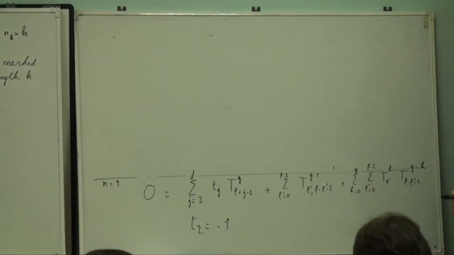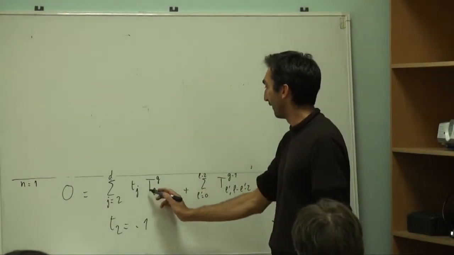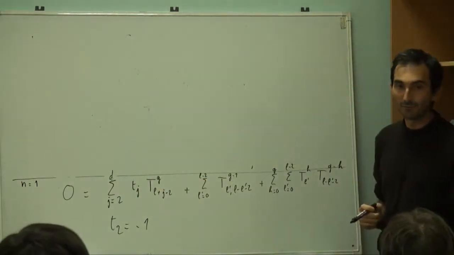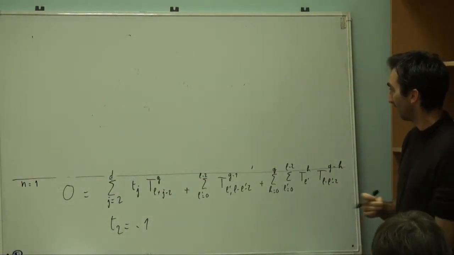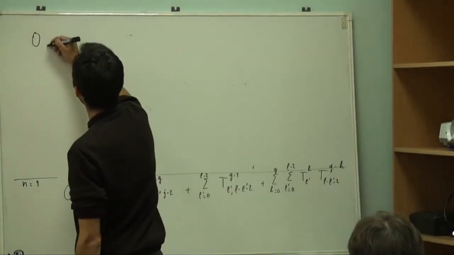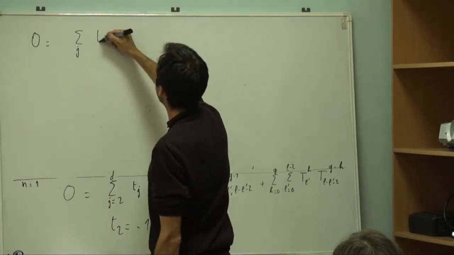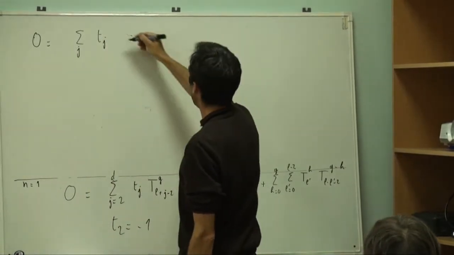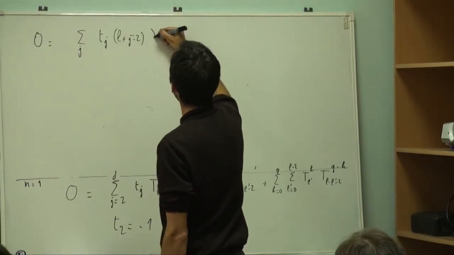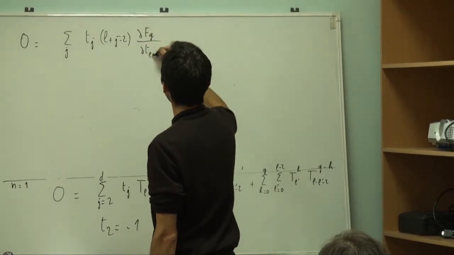Because when j equals 2, this was precisely minus T_{L,g}, which came from the left-hand side. Okay. So what we get is 0 equals the sum over j of t_j dF_g over dt_{L+j-2}.